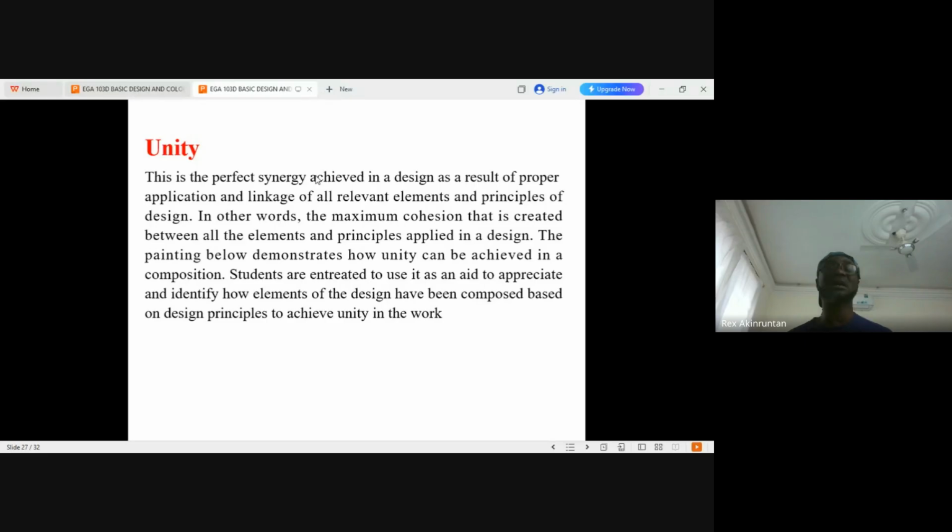It could be a garment style, it could be a shoe design, it could be a vehicle, it could be anything that you find in your home. Even sometimes too, when you are using it, how do you fit in it? How comfortable it is also confirms the unity that we are looking at.